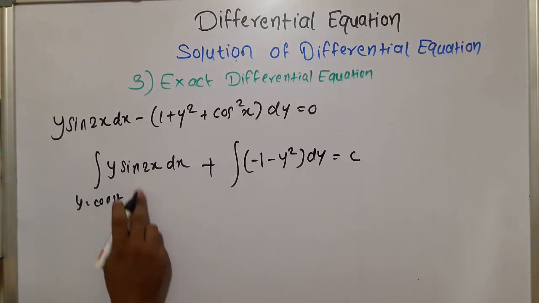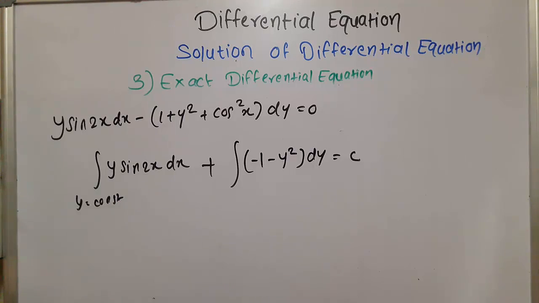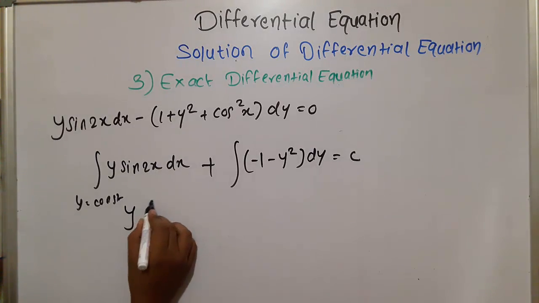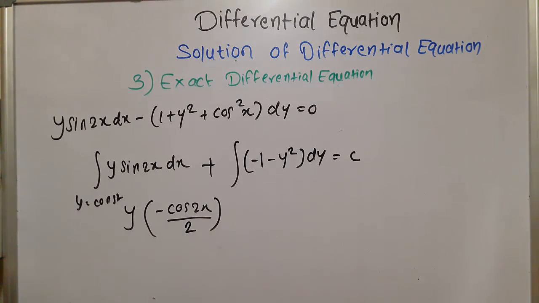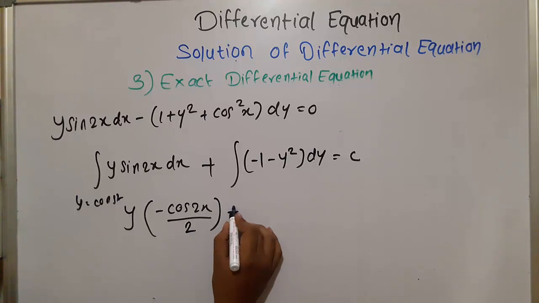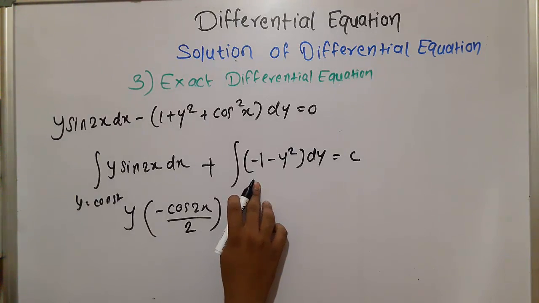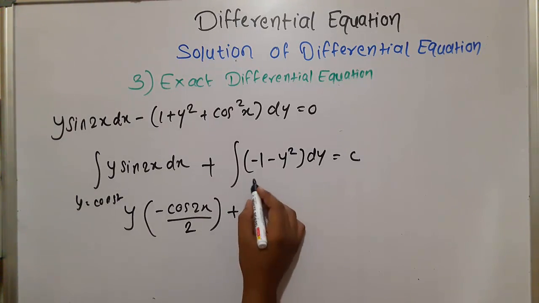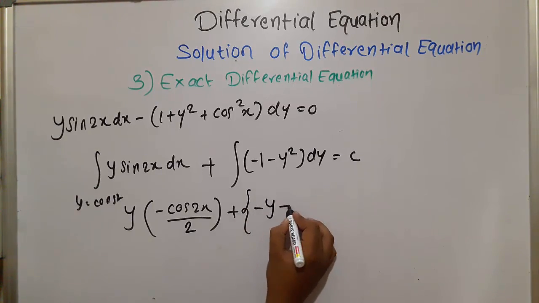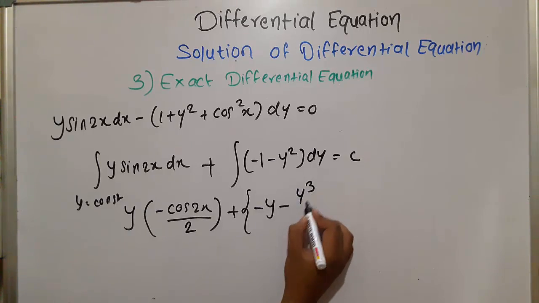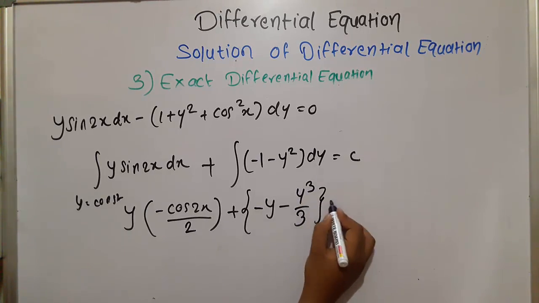Now here y is constant, so the integration of sin 2x will be minus cos 2x upon 2, times y, plus here we integrate with respect to y, so the integration will be minus y minus y cube by 3.